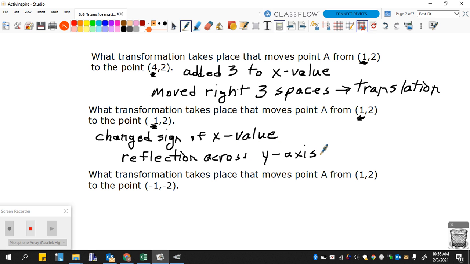And then the last one says, what transformation takes place that moves point A from (1, 2) to (-1, -2)? If we look at our notes, that means we changed both of them, so it's going to be a rotation.